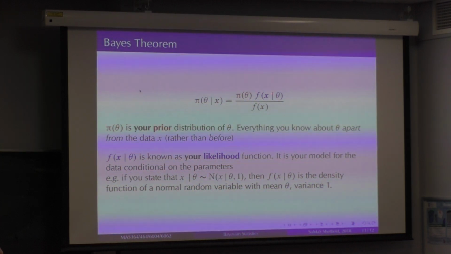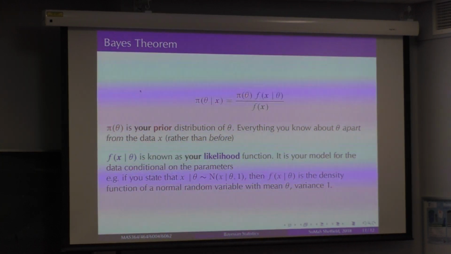So when you multiply these two together, you have the joint distribution of theta and x. If you divide by the marginal distribution of x, then you get the conditional distribution of theta given x, right? Bayes' theorem, pure and simple. What happens in Bayesian statistics is that we have specific names and roles for each one of these quantities or functions.